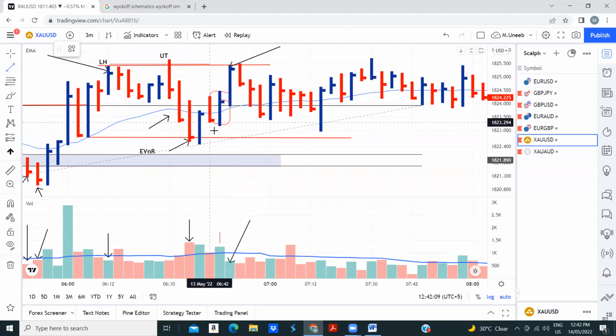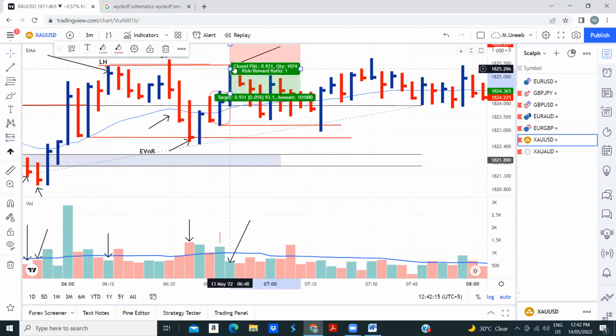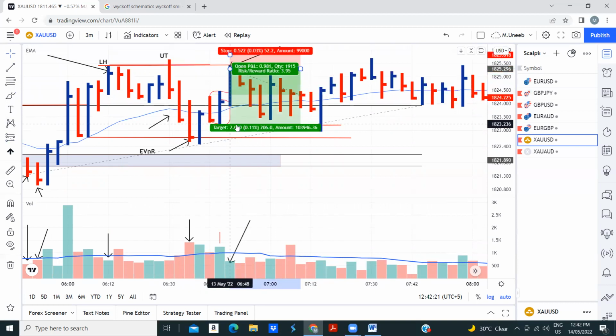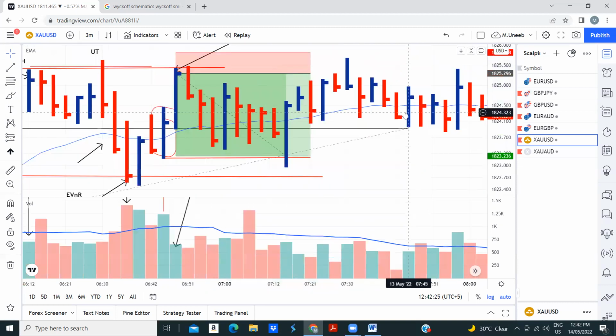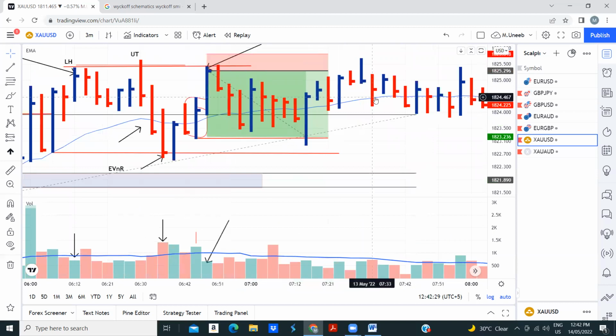So this is the point if we draw a minor support here. Okay, and if we take a short trade right over here, we can exit right over here on this last one. And we make how much? 3.95 R. Are things making sense or not? Yes, right?